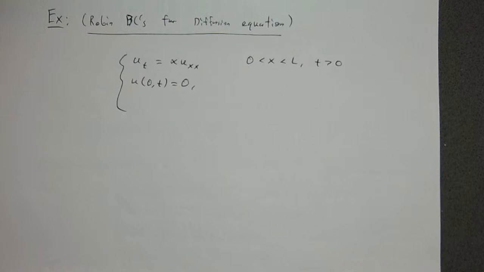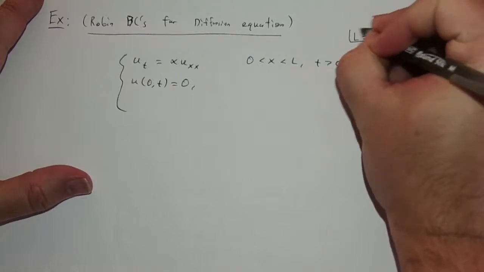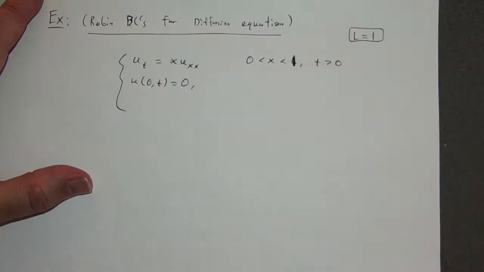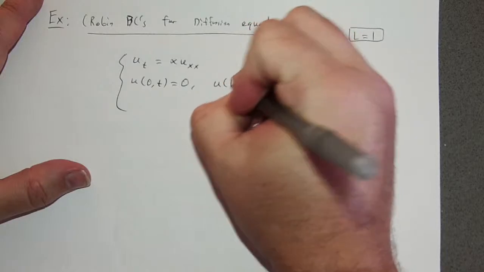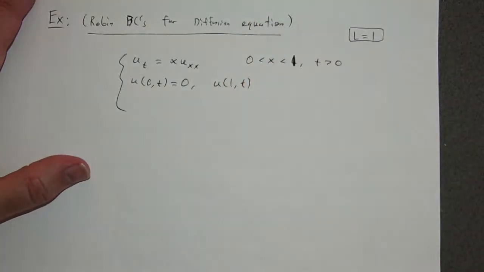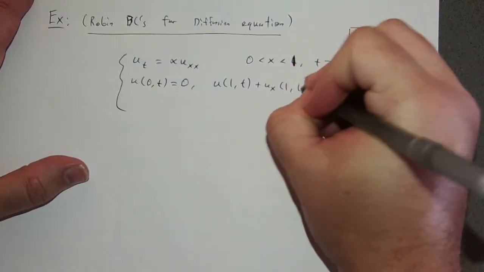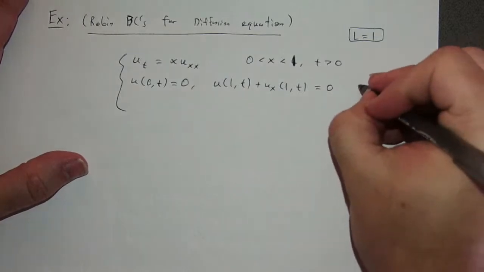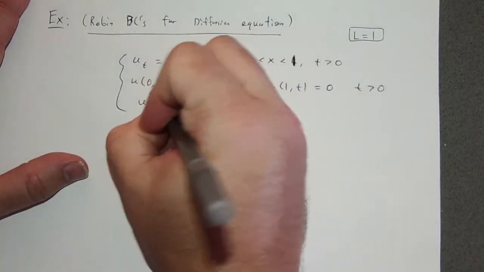Let's take L equal to 1 just to simplify this. This Robin condition, we'll say u of 1,t plus u sub x of 1,t is equal to 0, for t positive. And then I have an initial condition like usual.